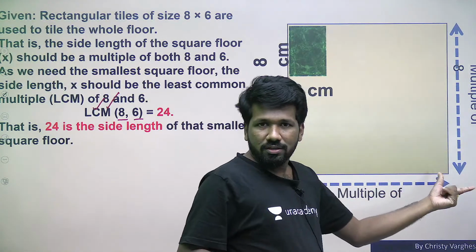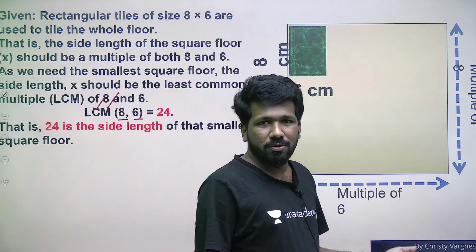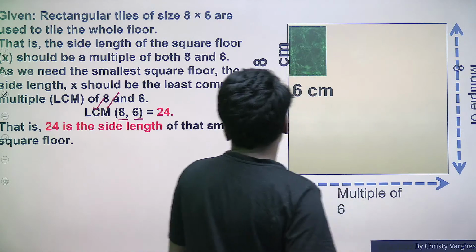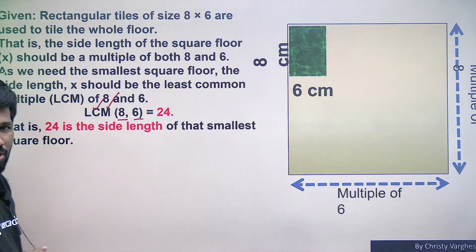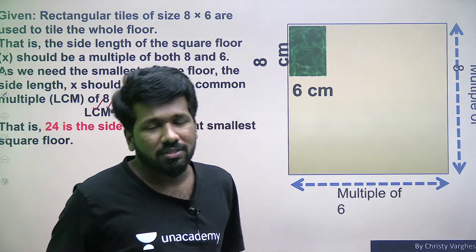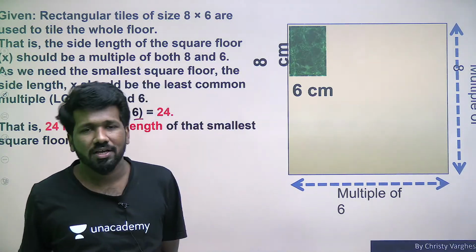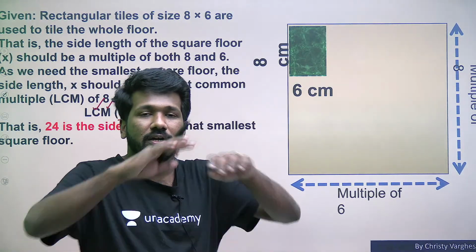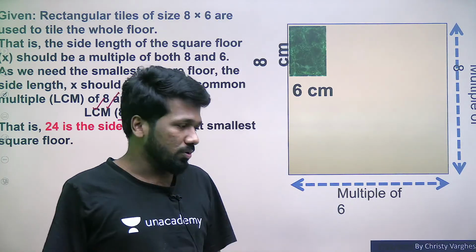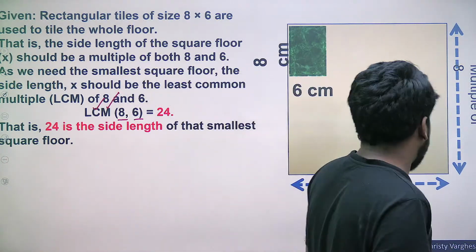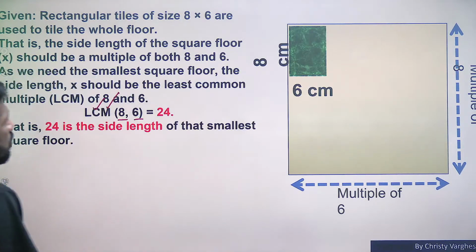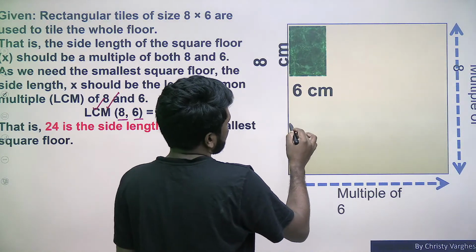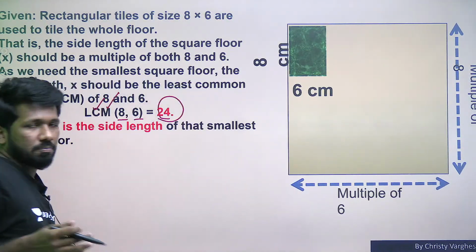Because स्क्वायर फ्लोर है, इसलिए कॉमन मल्टीपल होना चाहिए, क्योंकि ये 6 का भी मल्टीपल होना चाहिए, 8 का भी मल्टीपल होना चाहिए. और कोई भी कॉमन मल्टीपल नहीं चलेगा, लीस्ट कॉमन मल्टीपल ही चलेगा, क्योंकि नहीं तो स्क्वायर फ्लोर का डिमेंशन ज्यादा हो सकता है ना. मिनिमम स्क्वायर फ्लोर चाहिए. मिनिमम स्क्वायर फ्लोर के लिए लीस्ट कॉमन मल्टीपल ऑफ 6 and 8. लीस्ट कॉमन मल्टीपल ऑफ 6 and 8 means 24 is the least common multiple, or LCM.